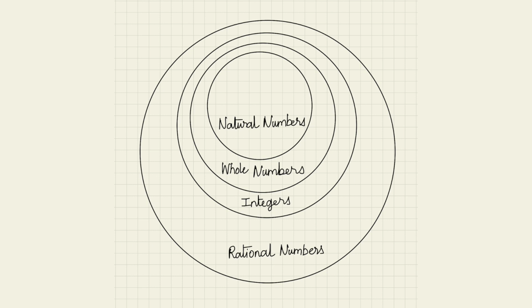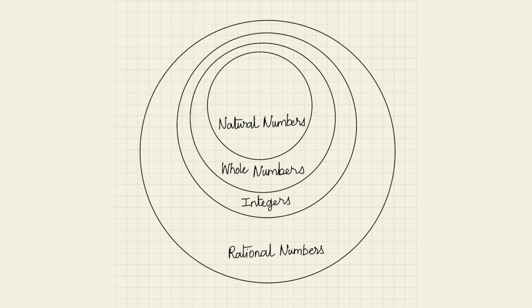Now rational numbers is the enclosing set. Set, you don't have to complicate it, it's just a collection. Rational numbers includes everything: natural numbers, whole numbers, integers, everything comes under rational numbers. Whereas integers include whole numbers and natural numbers, both these are integers. Whole numbers include natural numbers in it.